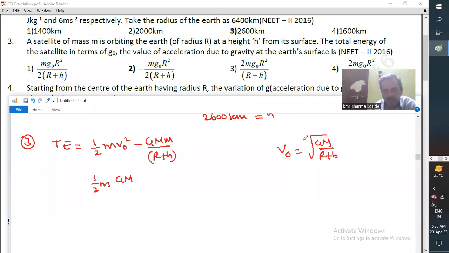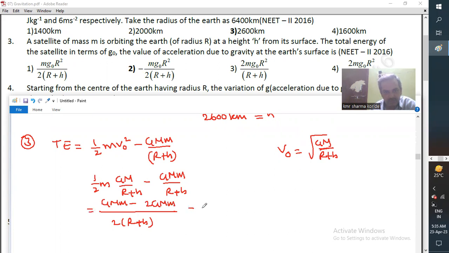When you square it, the root gets cancelled, so this is going to be GM by R plus h only, times m by 2, minus GMm by R plus h. So LCM will be 2 of R plus h. Then this is going to be just GMm, this is minus 2GMm. So this is minus GMm by 2 of R plus h.